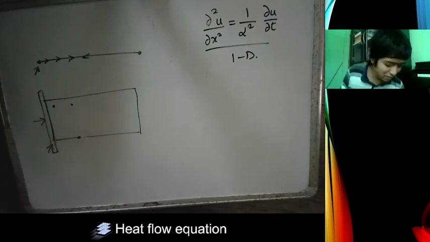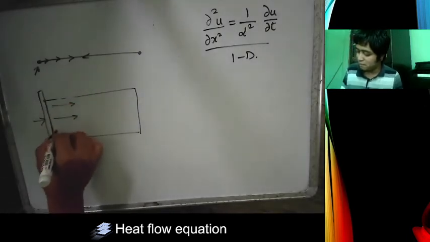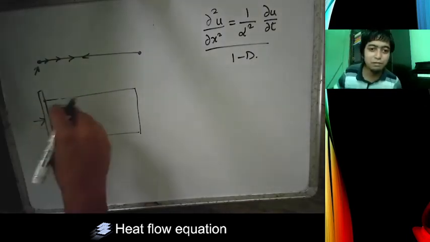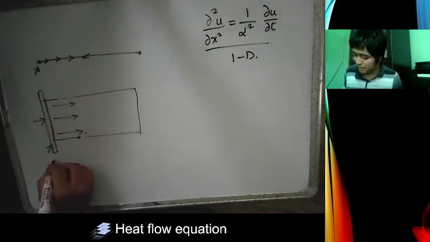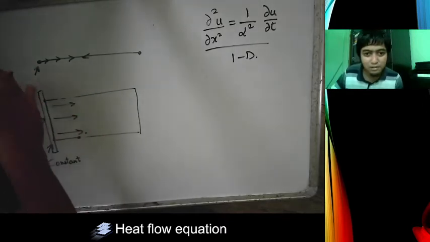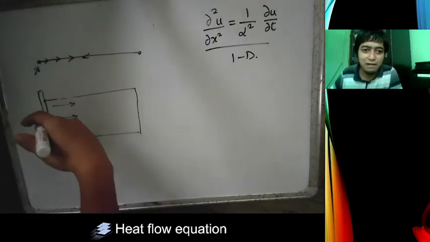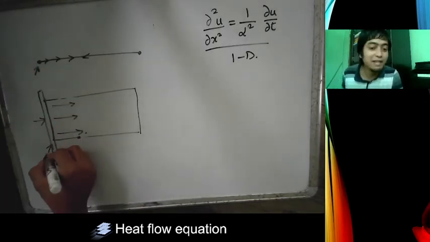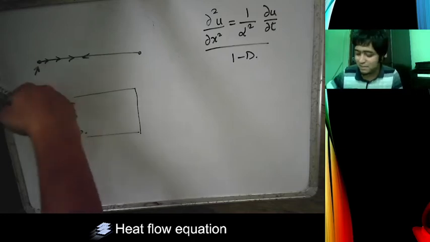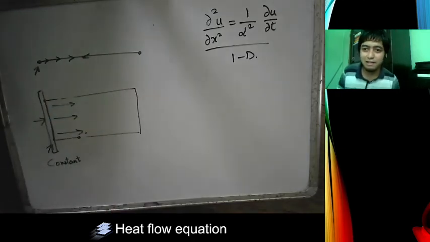Then heat will only flow in one direction, because we are maintaining this constant heat source that acts throughout this whole side. Again, I repeat, it is different from the case when we were heating only one corner of this slab. I hope you are getting it now.